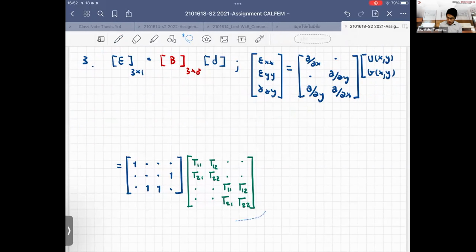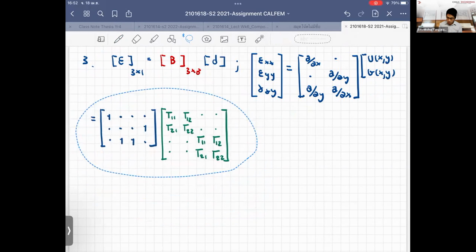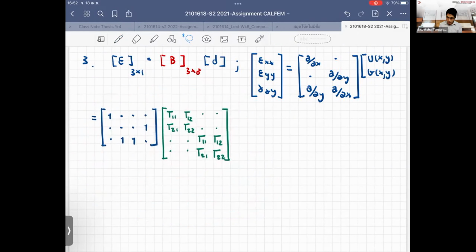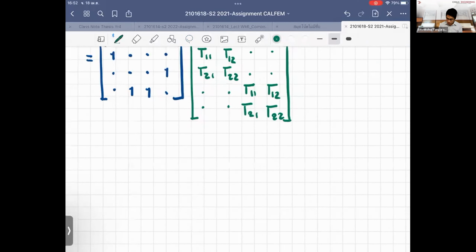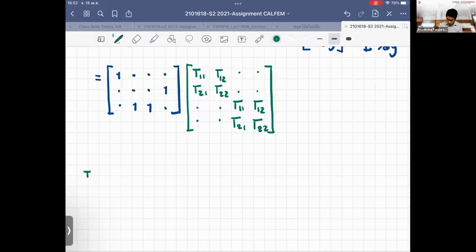This is the inverse of the Jacobian matrix. I should put a note here: determinant of the Jacobian matrix.